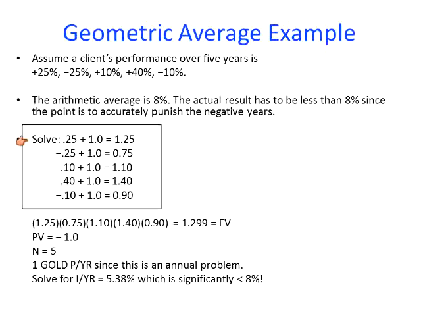So 1 plus the 0.25 is a 1.25. 1 plus the negative 0.25 is a 0.75. And you come up with this particular scenario. And then, as you can see down here on the bottom, they have a 1.299.